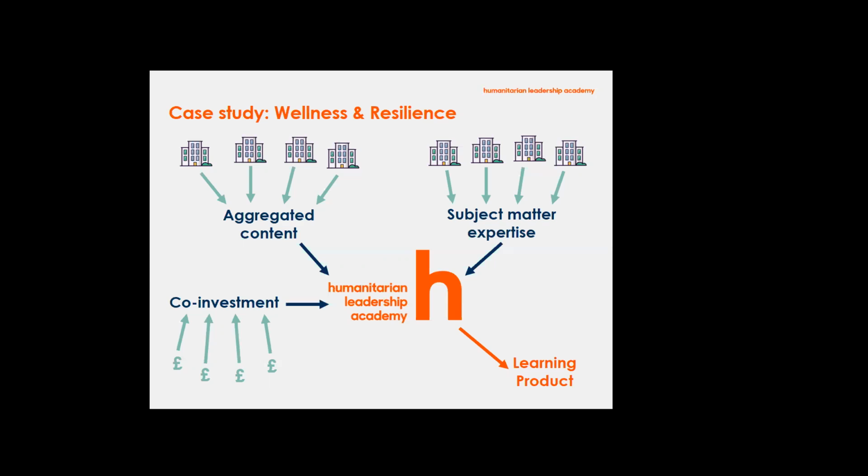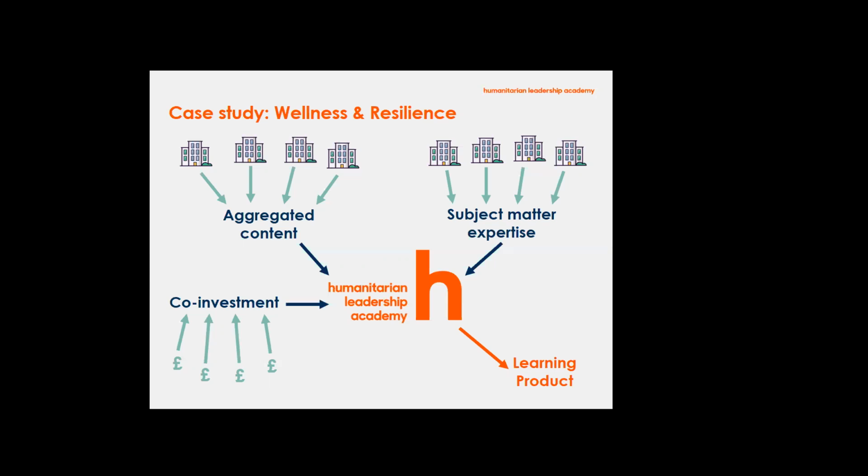We also look to try and find co-investment from partners, and we feel this is a great way to get buy-in from organisations and feel some ownership over a learning opportunity. So in this project, developing the Wellness and Resilience programme, we have 14 partners involved in that, which is an awful lot of organisations to be involved in creating one piece of learning.